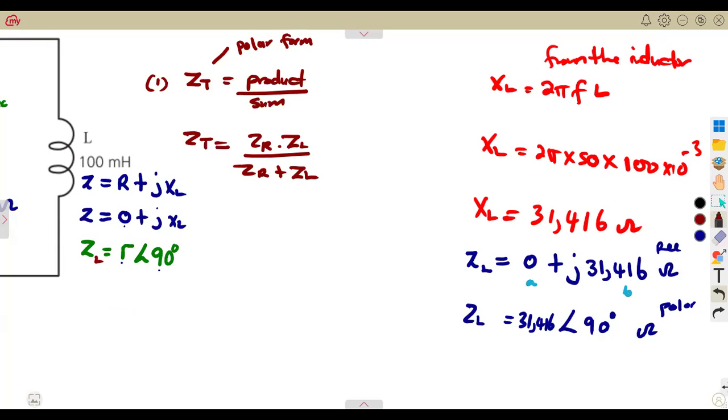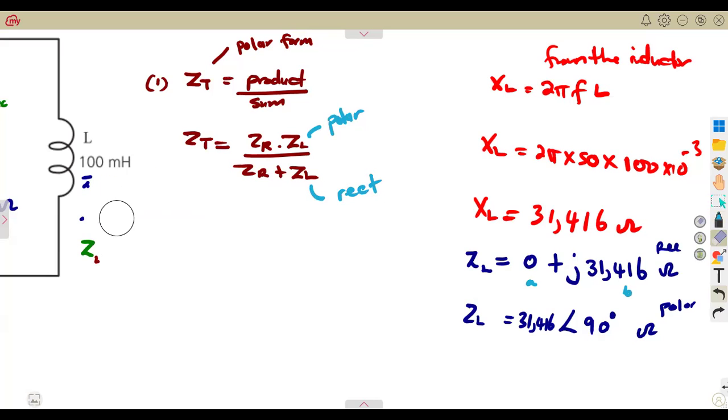Remember, as I said before, because we are going to multiply these two, it is best for you to have the product in what? In polar form. Addition in rectangular form. So whatever we are going to have must properly correspond.